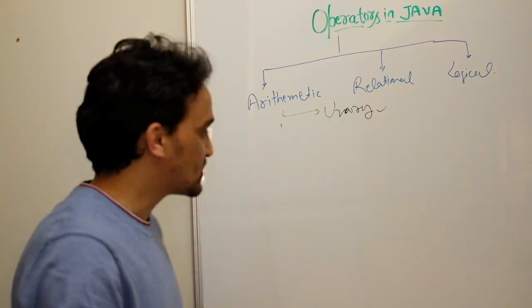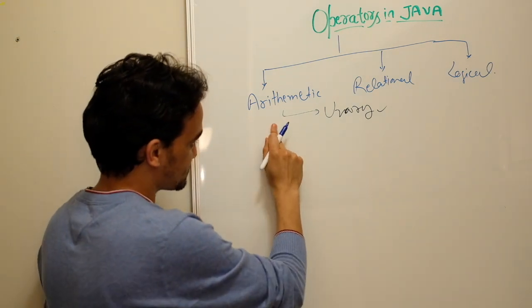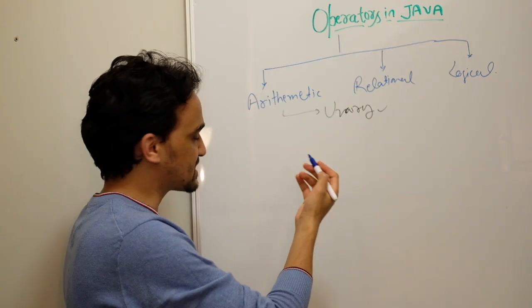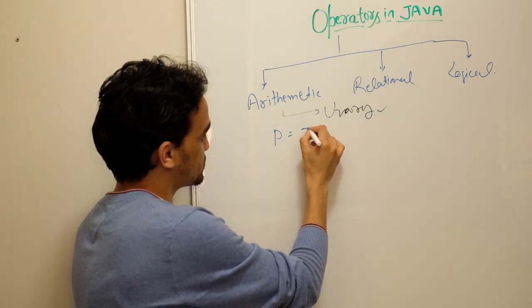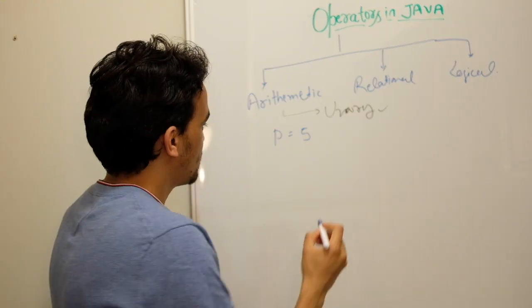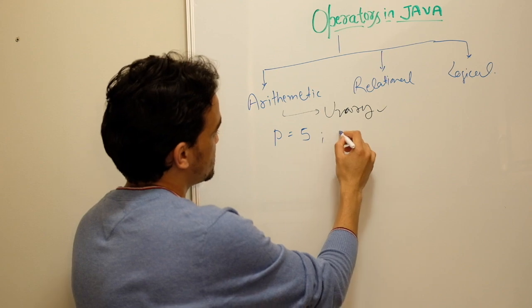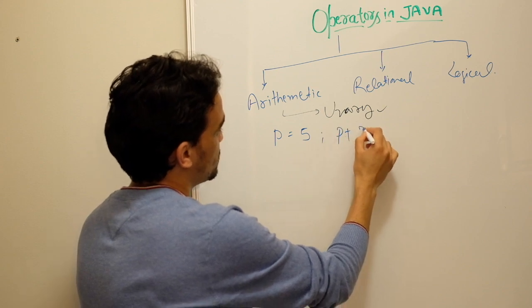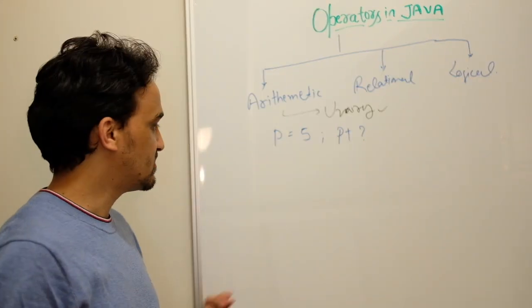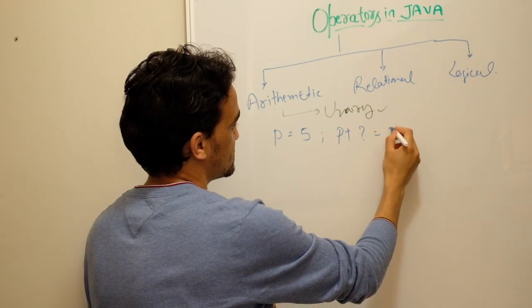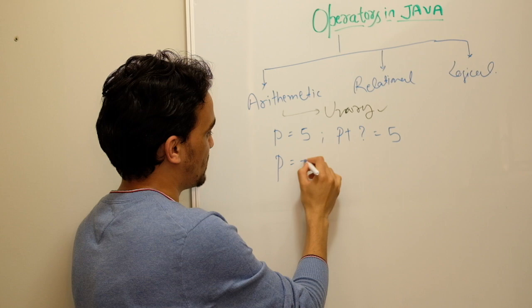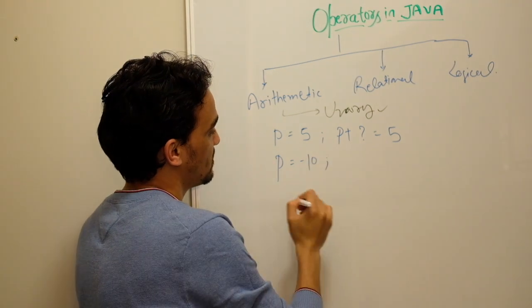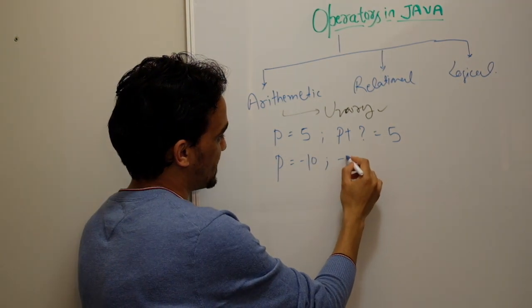Let's take a simple example. Let's suppose p equals 5. What is plus p going to be? Plus p is nothing, it will be again just 5, right? Let's suppose I say p equals minus 10. What will be the minus p?